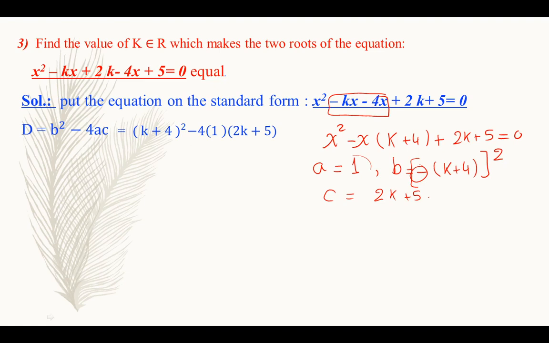Minus 4 multiplied by a, the coefficient of x², which equals 1, multiplied by c, which is 2k plus 5. We are going to expand the bracket (k plus 4)².